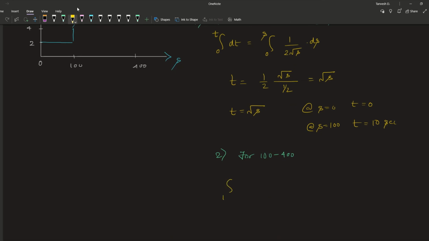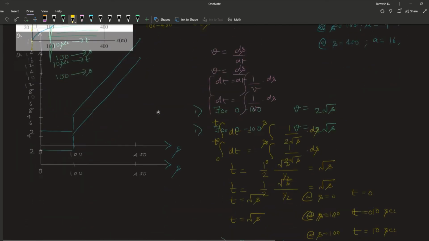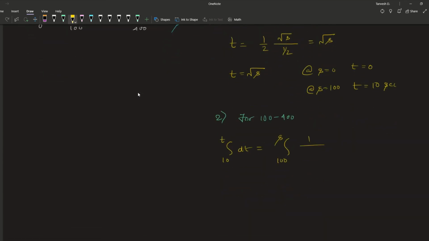So integration of 10 to t dt is equal to integration of 100 to s, 1 by v is 0.2 s, ds. So this is t minus 10 is equal to, this 1 by 0.2 will be 5, and this is log natural s from 100 to s.